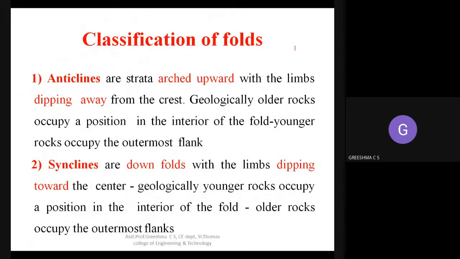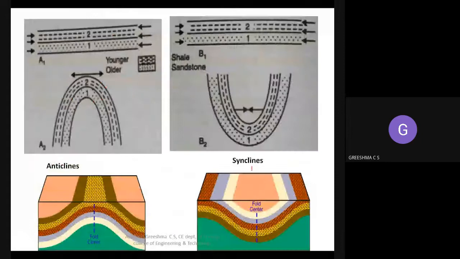Next one is synclines. Synclines are downfalls with the limbs dipping towards the center. With an inverted shape, you can see it is dipping inwards.